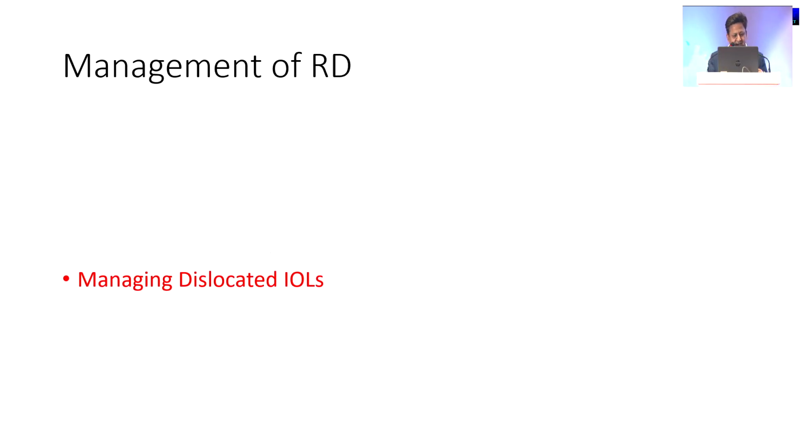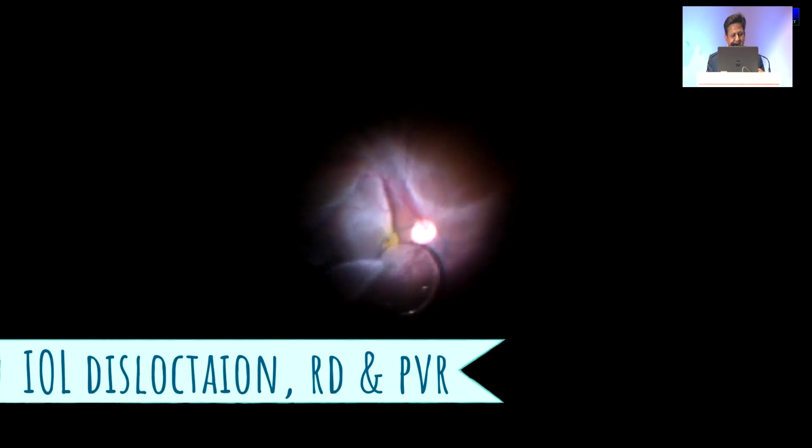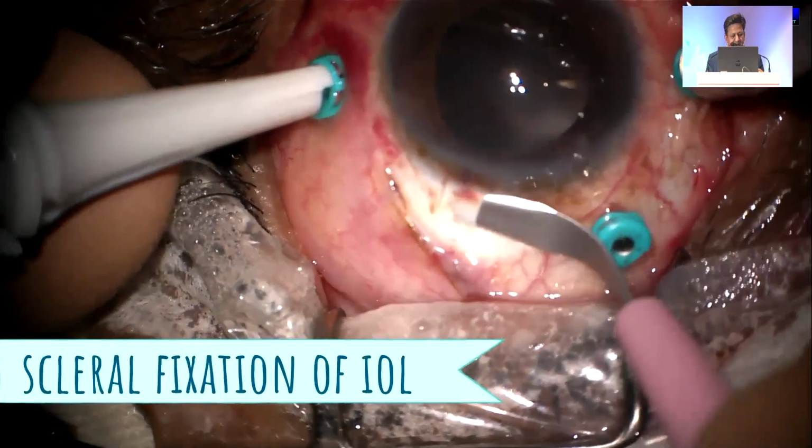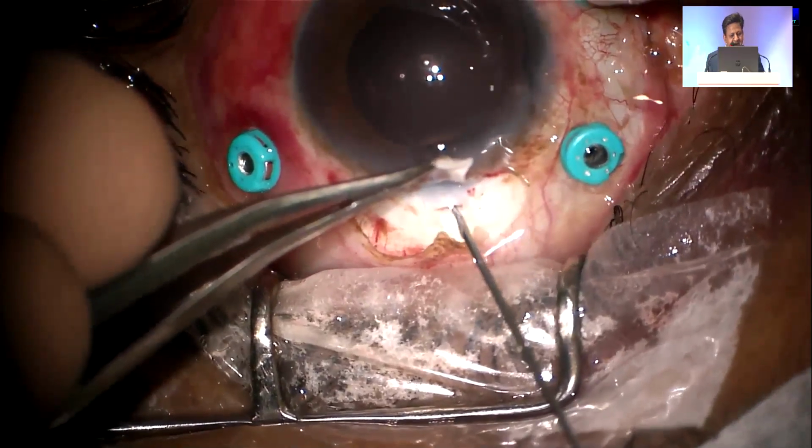So in the last, there is management of dislocated IOLs which may be present with the retinal detachment. This was a patient who had a dislocated 3-piece lens with a retinal detachment, and this 3-piece lens was fixated first. A scleral fixation was done.